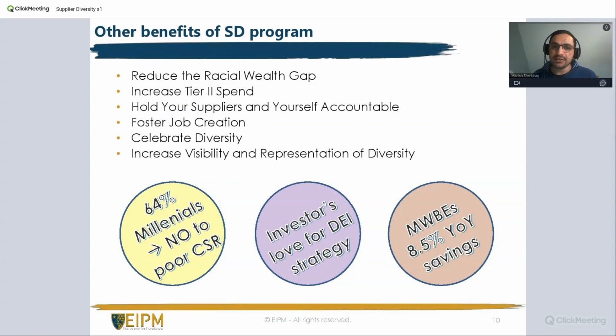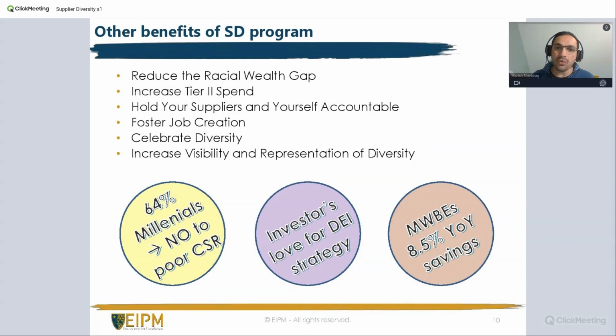There are a lot of investors. So investors are investing in DEI strategy, what we say diversity, equity, and inclusion strategy. So a lot of the companies are also highlighting their DEI strategy to investors to attract more money and build equity. Then you have one other very interesting fact. So this is minority and women-owned business enterprises, MWBEs, as we say.